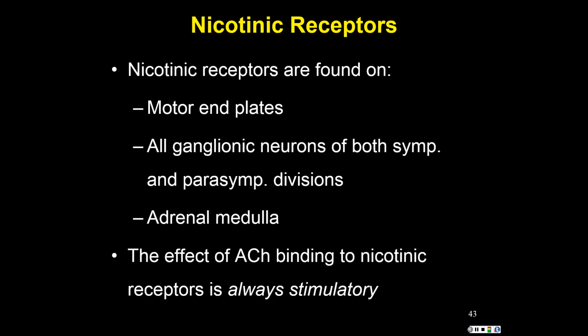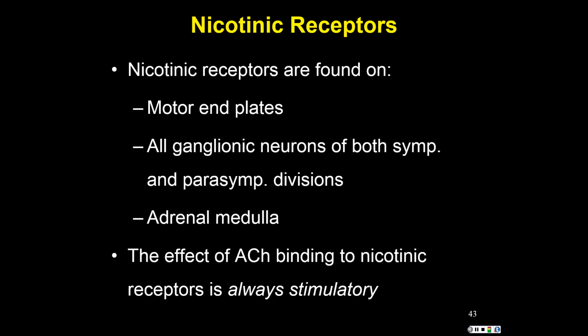I'm going to hold you off again a little bit until we get into chapter 11, looking at how the autonomic nervous system functions, but we'll find them at these ganglia in the autonomic nervous system, as well as in the adrenal medulla.